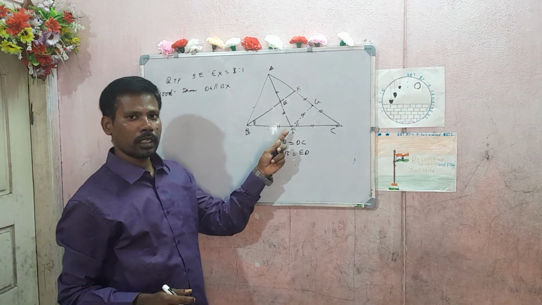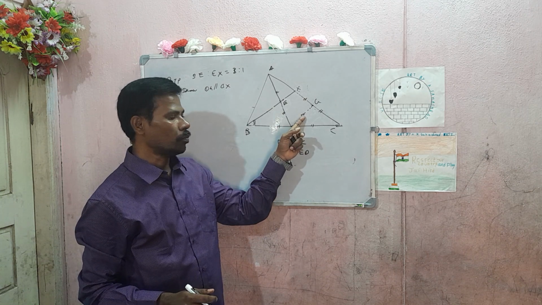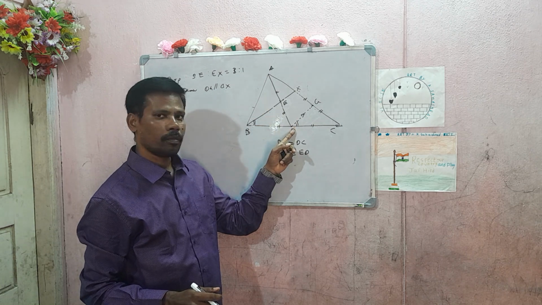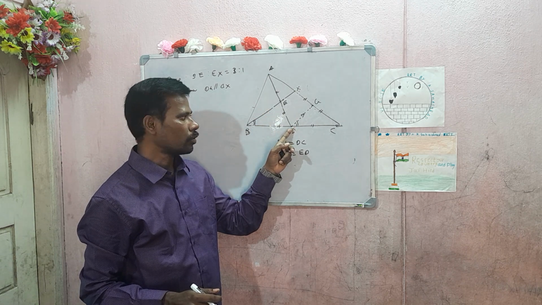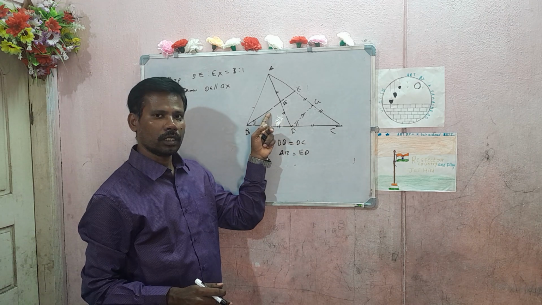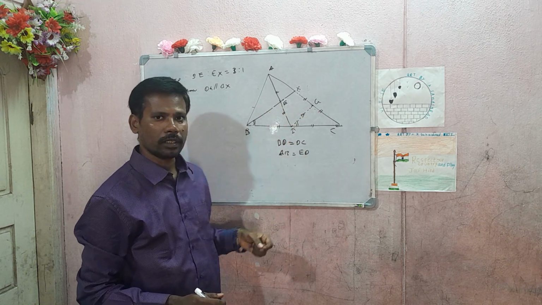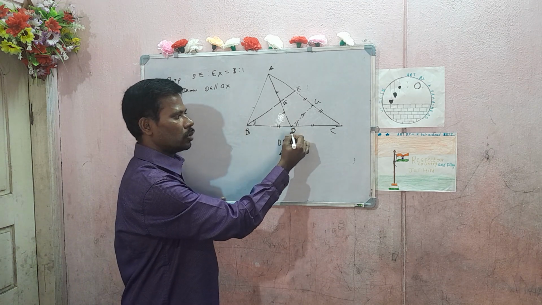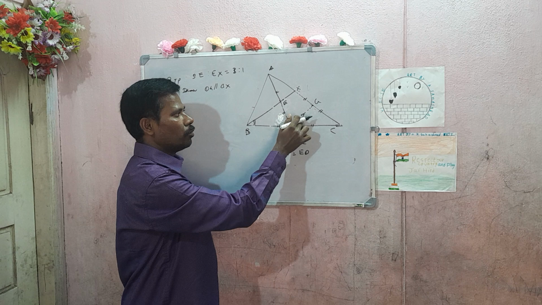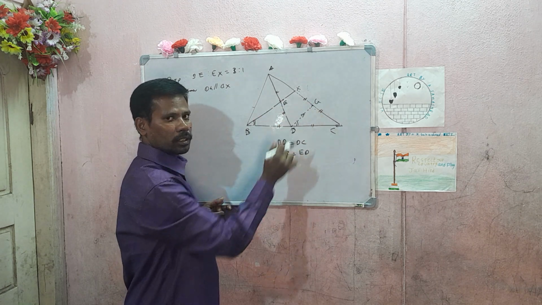A straight line drawn through the midpoint of one side of a triangle parallel to the third side bisects the other side. If a straight line is drawn through the midpoint of one side of a triangle parallel to the base of the triangle, then it bisects the other side.